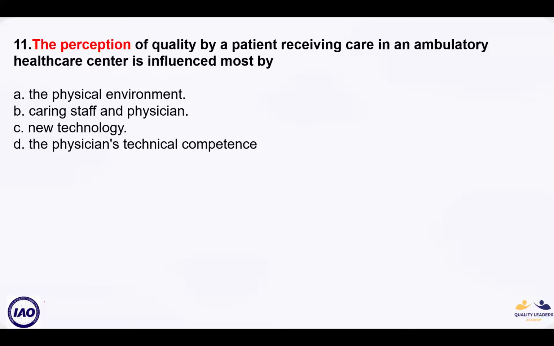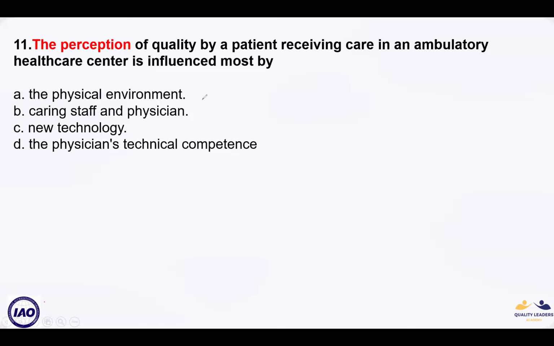So here again, it's perception. Perception is subjective from the receiver end. We know that particular thing, and we have already discussed this in an earlier question. So here the patients judge care through their own experience of interaction, and there is nothing to take from the technical specs, right? So option A, the physical environment.